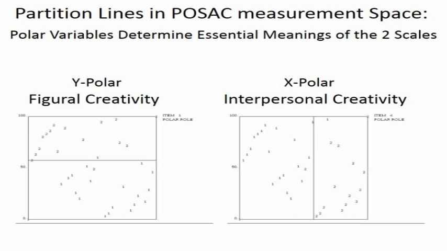The partition lines found in the empirical data in the POSAC space showed that the 2 polar variables were figural creativity, which in this case was a y-polar, and interpersonal creativity, which formed an x-polar variable.